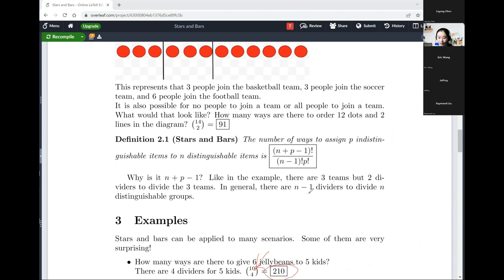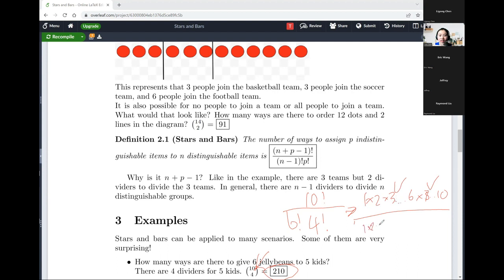You can do that by 10 factorial divided by 6 factorial times 4 factorial. I'm just leaving in a few dots, you know what's going on there.